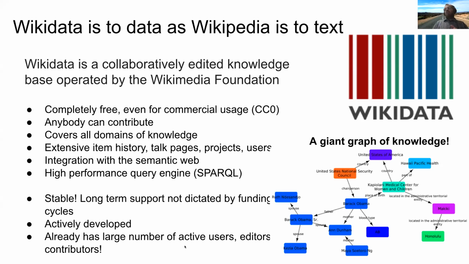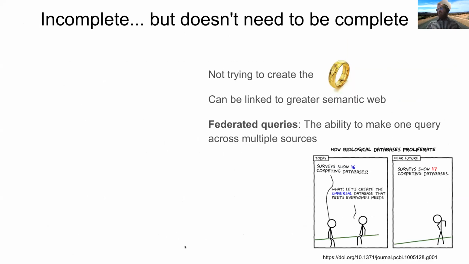It's scopeless. It integrates well with the semantic web, so it's stable. It has long-term support and is not dictated by funding cycles. But it's incomplete. But that's not a problem. It doesn't need to be. We're not trying to create the final solution.